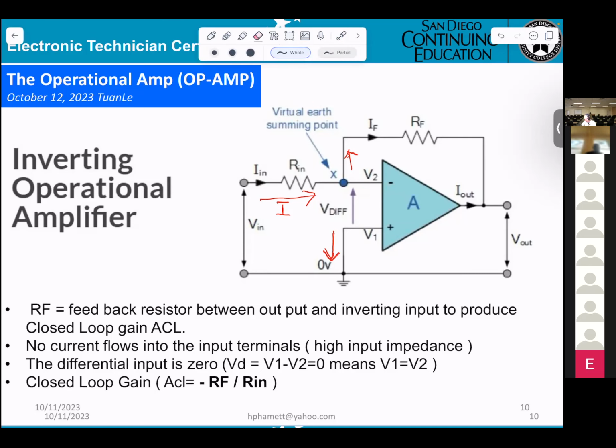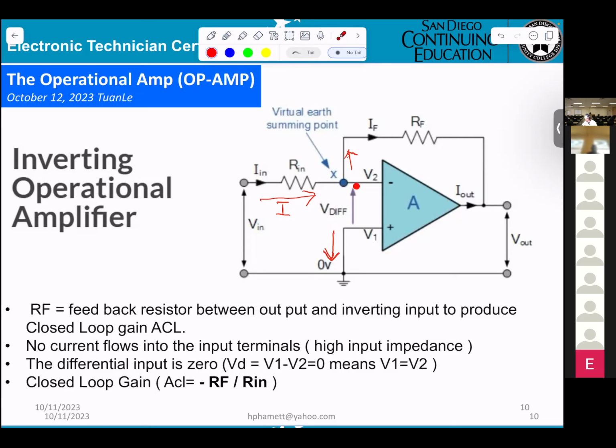Okay, next, can they go down? No, because there's no connection there. It can't go into the amplifier and come out.